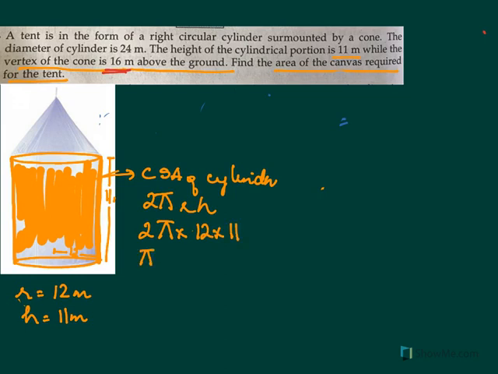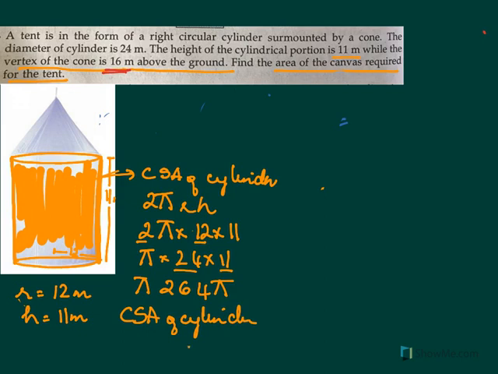So this becomes pi, 2 into 12 is 24, into 11, and 24 into 11 is 264. So the CSA of the cylinder is equal to 264 pi.